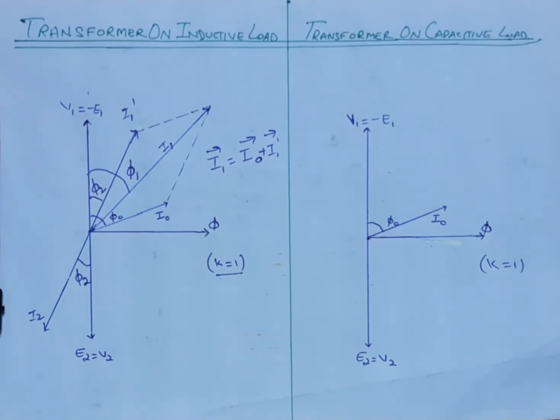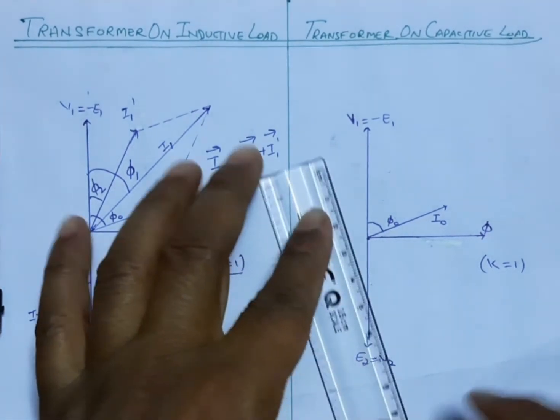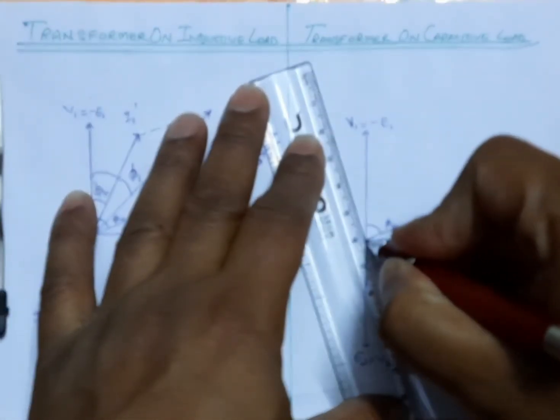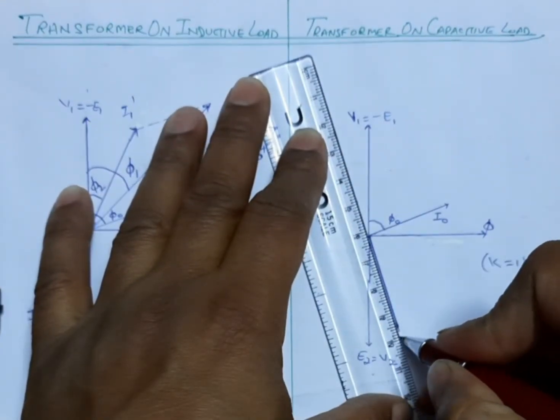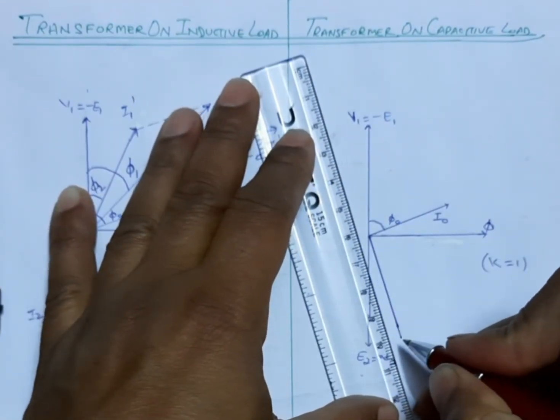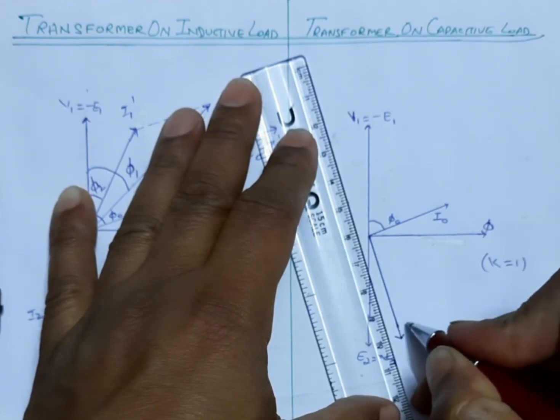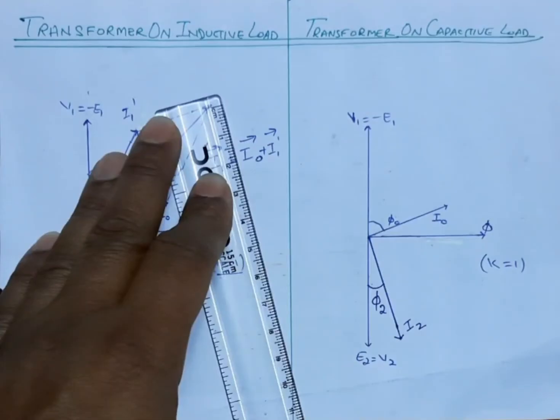So I will make the diagram of the secondary current. In this diagram, we can see the secondary current leading the secondary voltage by phi 2.